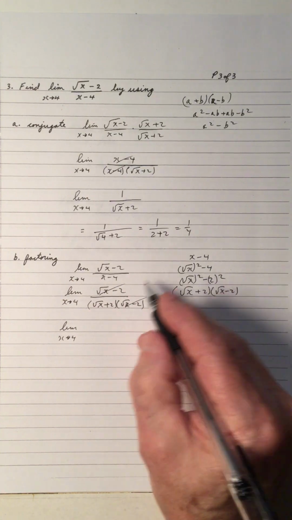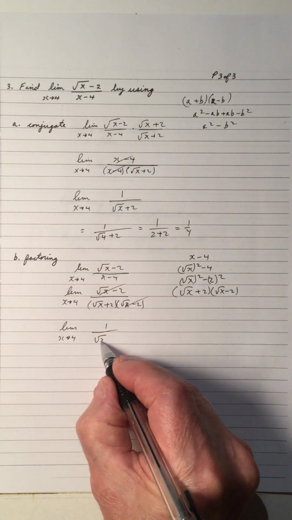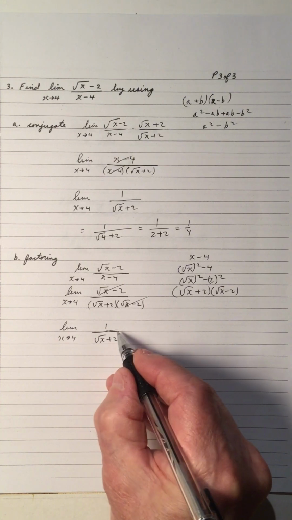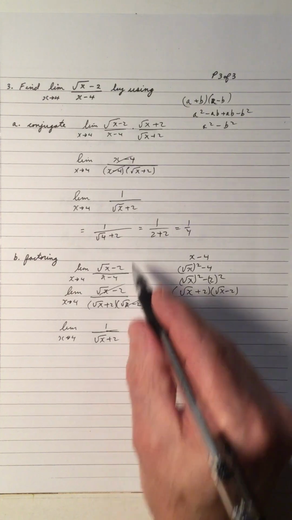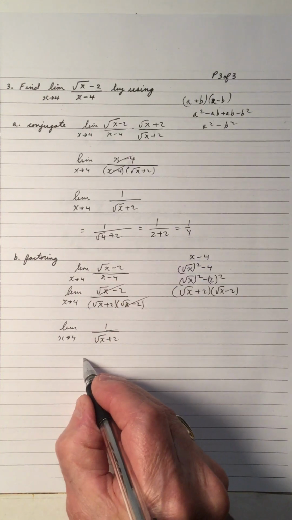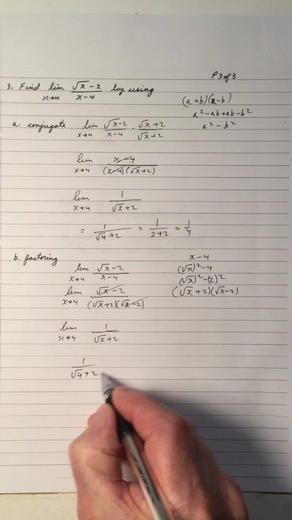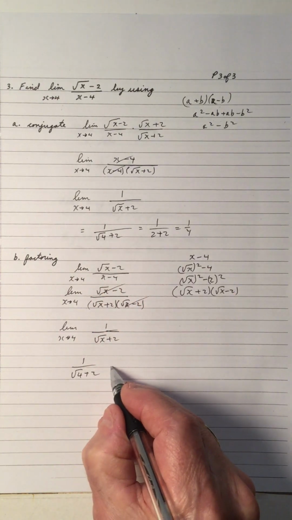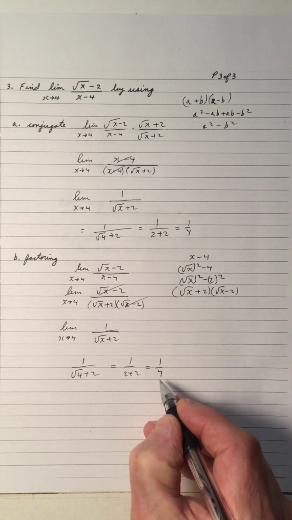The root x minus 2's cancel out, and I get 1 over the root of x plus 2. And then from here on, we do this step. So we put the 4 in. I'm doing the same as I'm doing here. And that's 1 over 2 plus 2, 1 over 4.